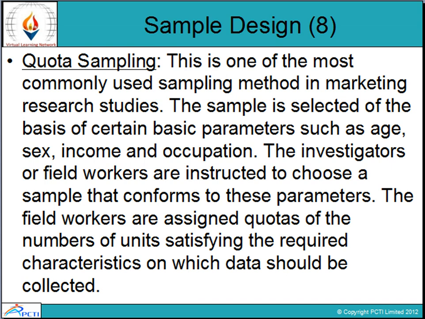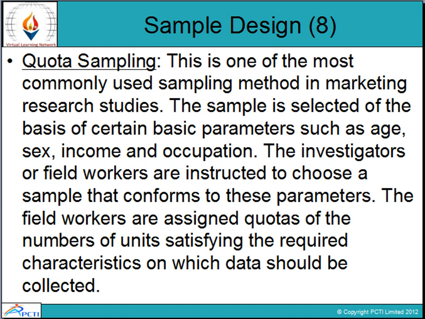Next comes quota sampling. When we say quota sampling, it is a very commonly used sampling method किसी भी marketing research में. यहाँ पे जो सैंपल सेलेक्ट किए जाते हैं, they are basically selected on parameters like एज के बेसिस पे, या इनकम के बेसिस पे, या सेक्स के बेसिस पे, या ऑक्यूपेशन के बेसिस पे.